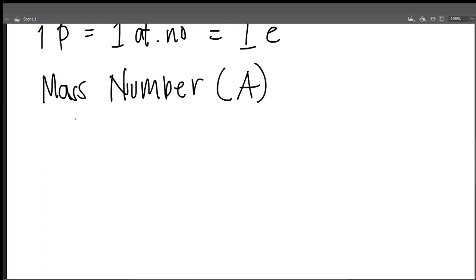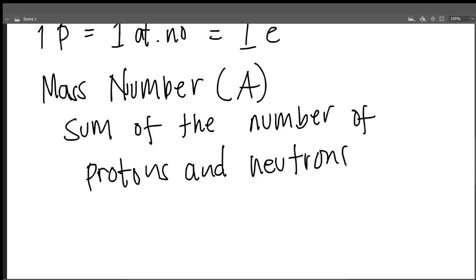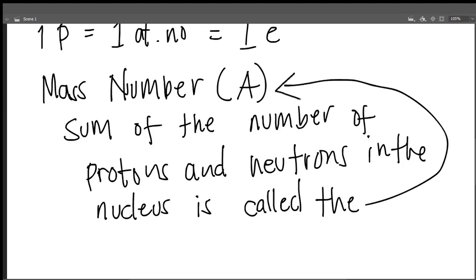So the sum of the number of protons and neutrons in the nucleus is called the mass number.